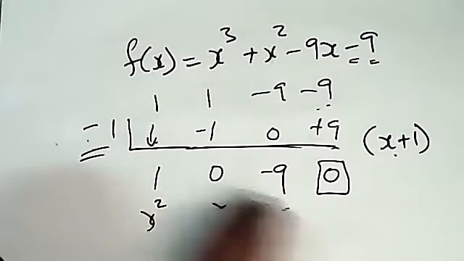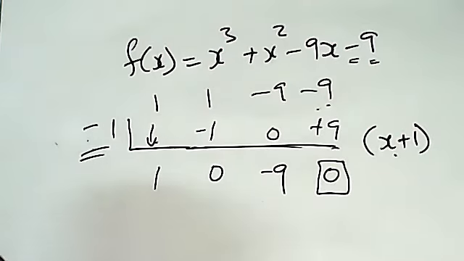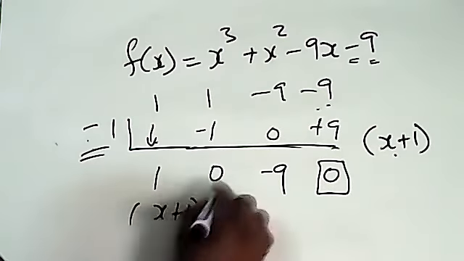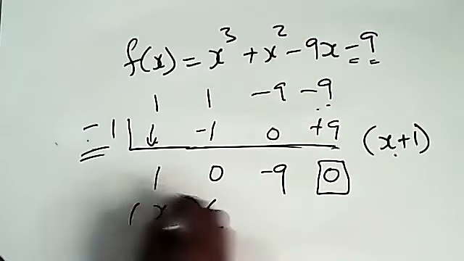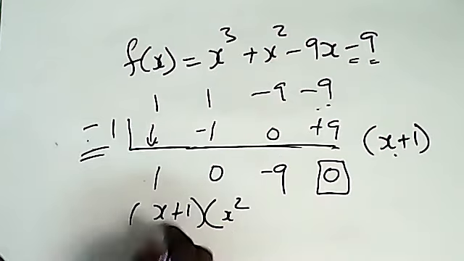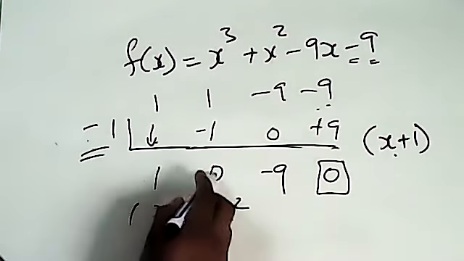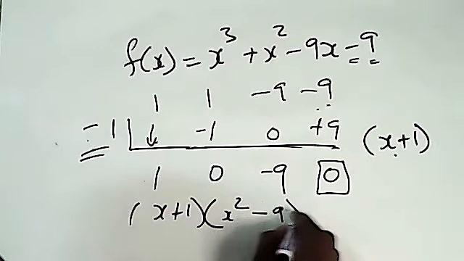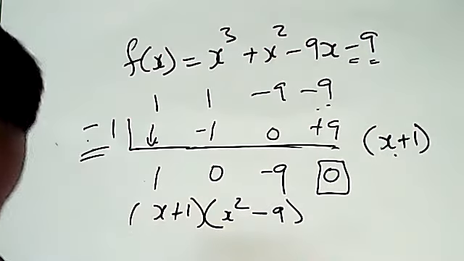So now that we know that our factor is x plus 1, how do we go about writing that? It will be x plus 1, open bracket. This is for x squared, because it is 1. You don't have 0x, so we skip, then it will be minus 9, right? So those are the factors.